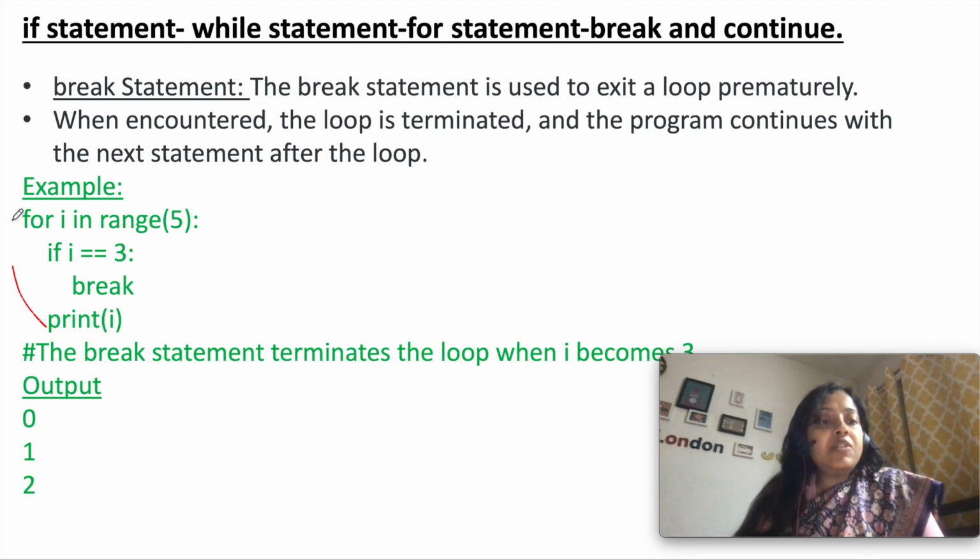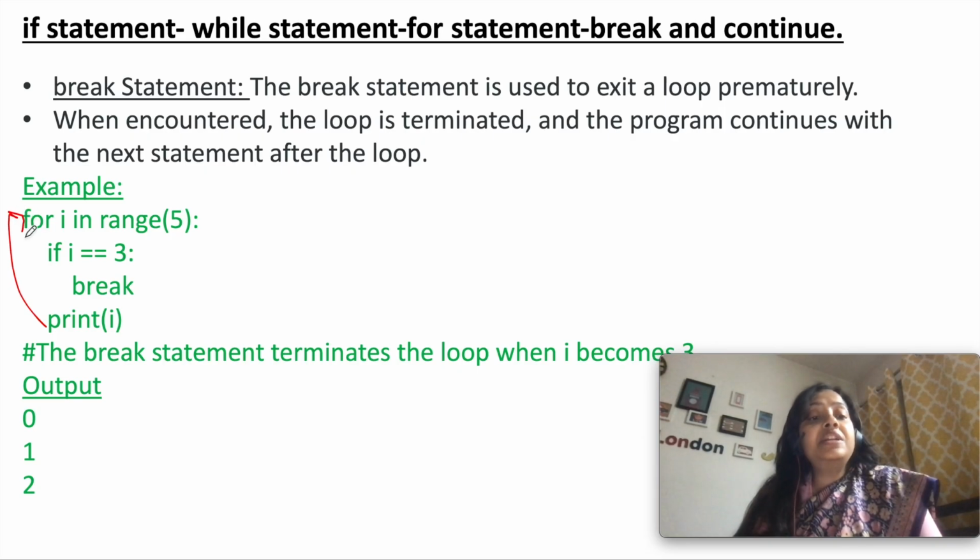It will directly go to the next iteration of the for-in loop, where the value of I increases by 1 and becomes 1. Again, this condition is false and it prints the value of I, which is 1. For the next iteration, the control again goes back to this line, and the value of I is now 2.